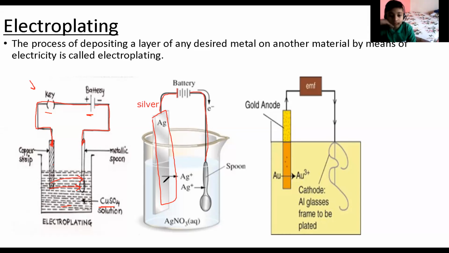And here the solution is silver nitrate, AgNO3. So actually the solution is used according to the metal that we are using on the positive electrode. जैसे यहाँ पे हमने कॉपर यूज किया है, so we used CuSO4. यहाँ पे हम सिल्वर यूज कर रहे हैं, so we will use AgNO3, that is silver nitrate.